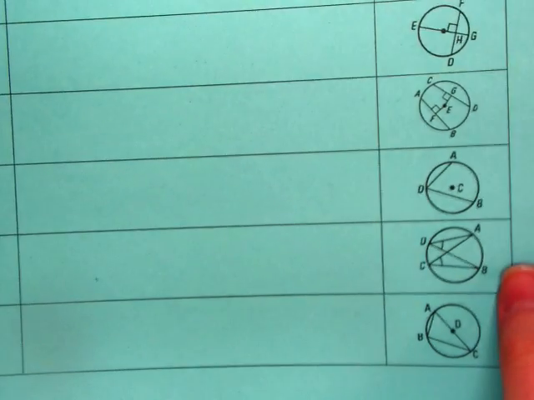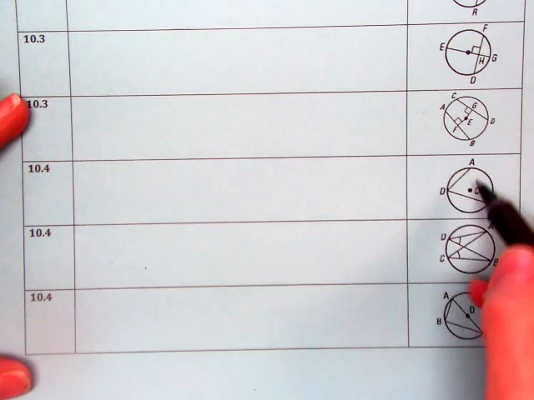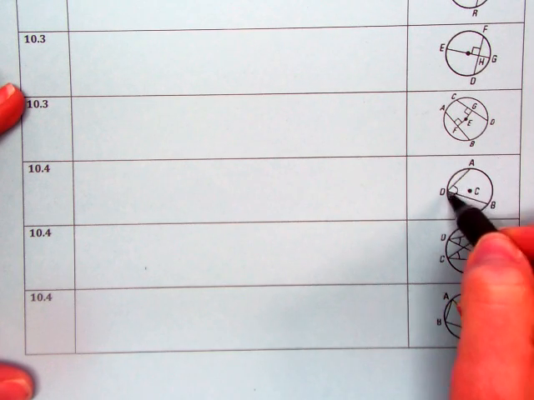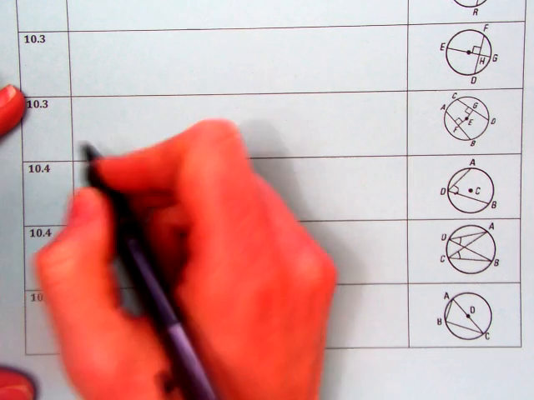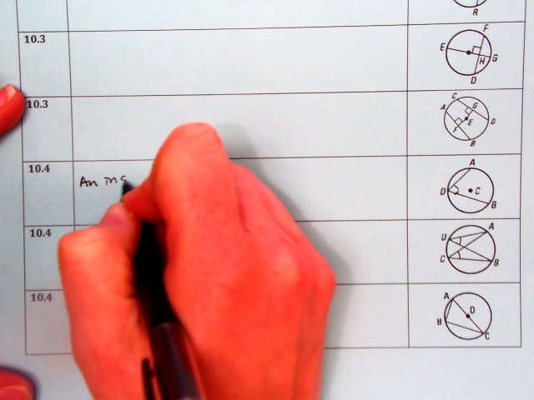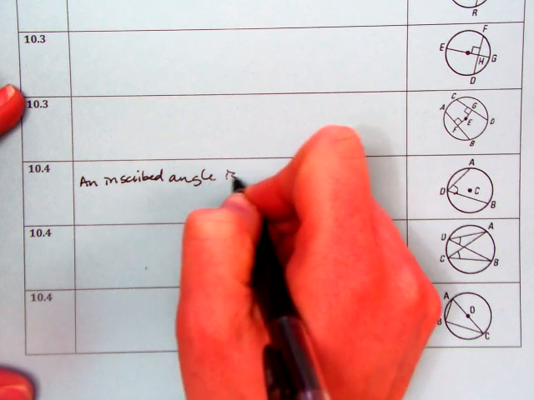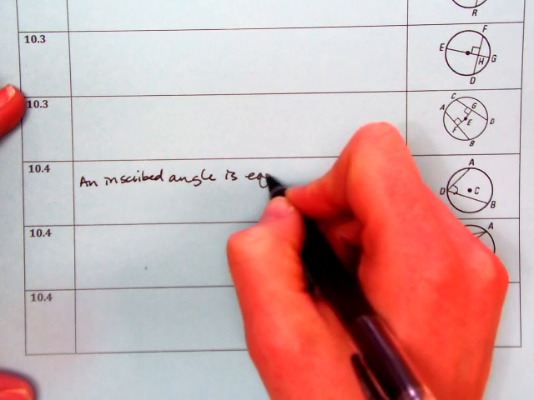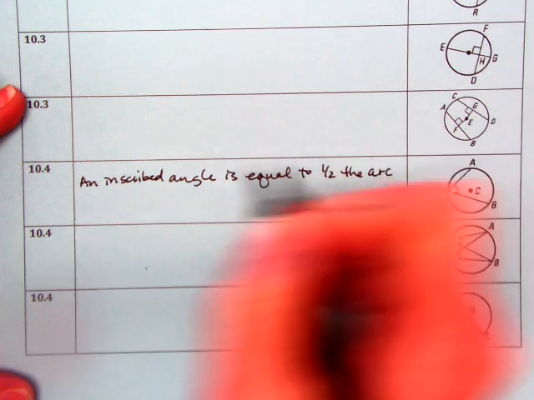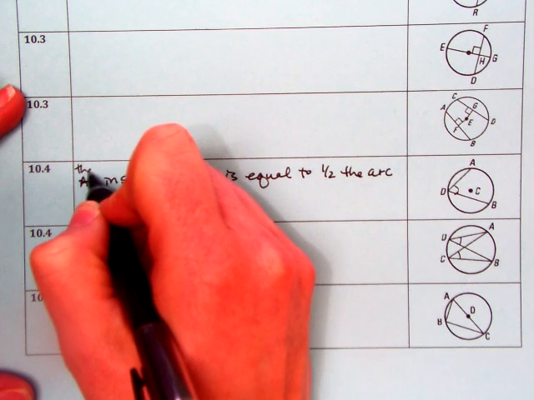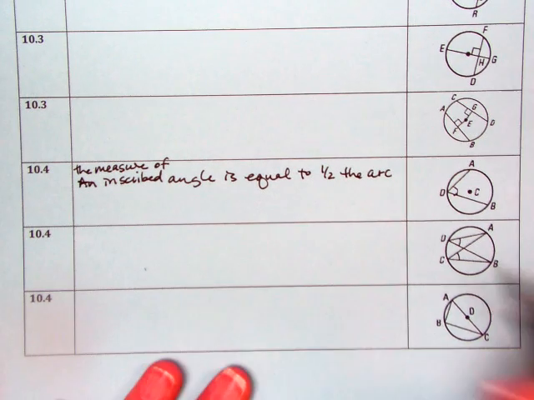The first one, let me zoom out here a second. The first one is right here. And this is dealing with our inscribed angle. So anytime there is an inscribed angle, it's going to be half the measure of its arc. The measure of an inscribed angle is equal to half of the arc.